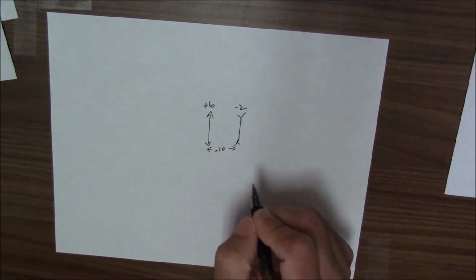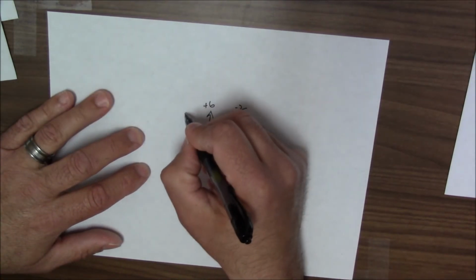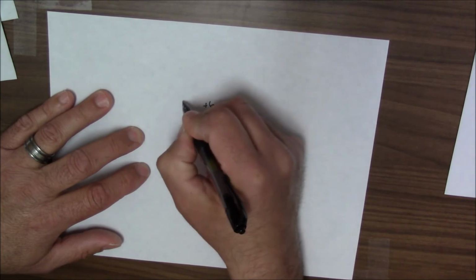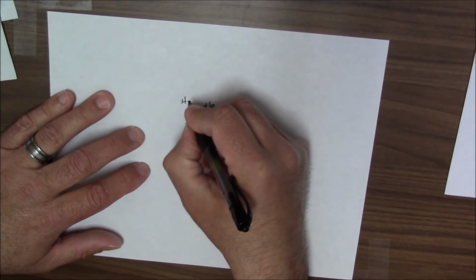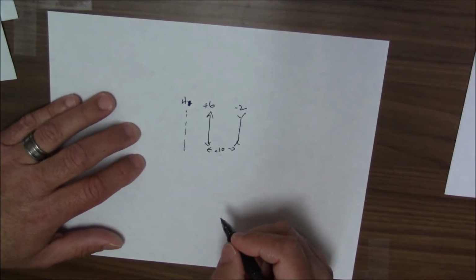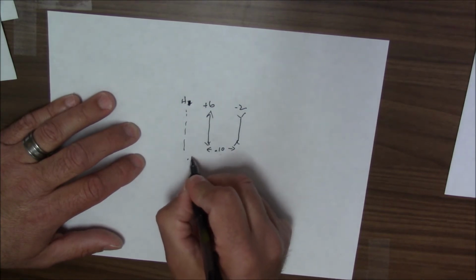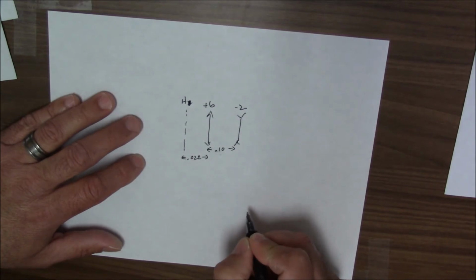We determined where our H1 and H2 planes were. The H1 plane was out in front over here. That is our primary Gaussian plane, and we found that it was 0.028 to the left. That's the distance between here and here.